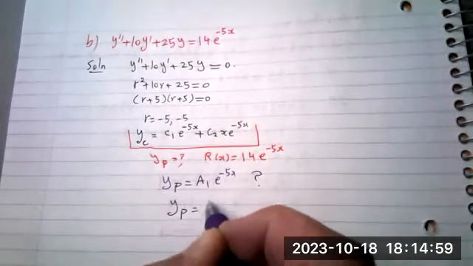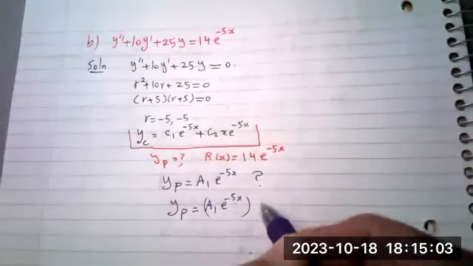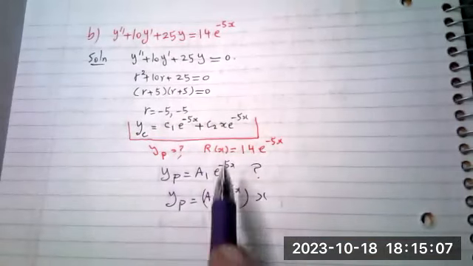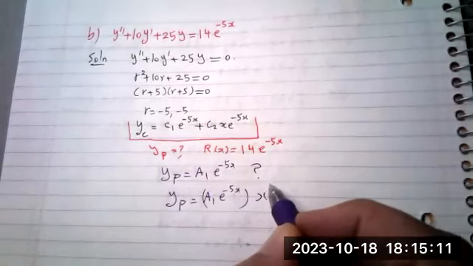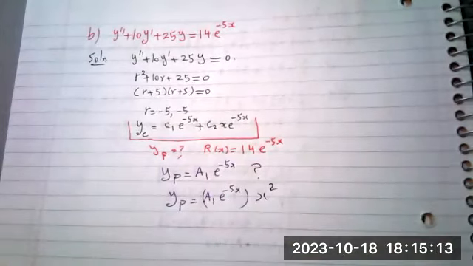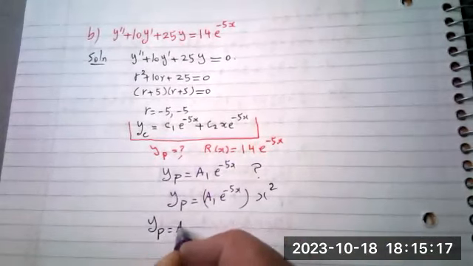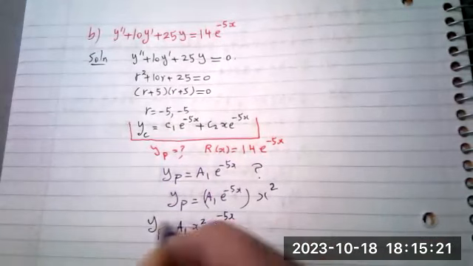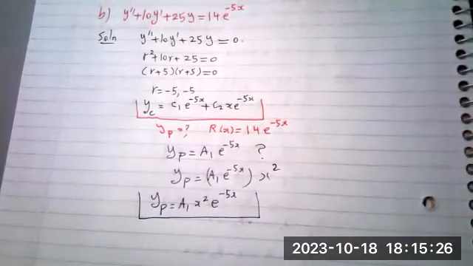So you change it to a1 e to the negative 5x multiplied by x. And you check again, x e to the negative 5x is also here. So you have to multiply it by another x, so make it x squared. So the yp that we have to use is going to be a1 x squared e to the negative 5x. So this is going to be the yp. Any question? We must make sure that you don't miss this part.